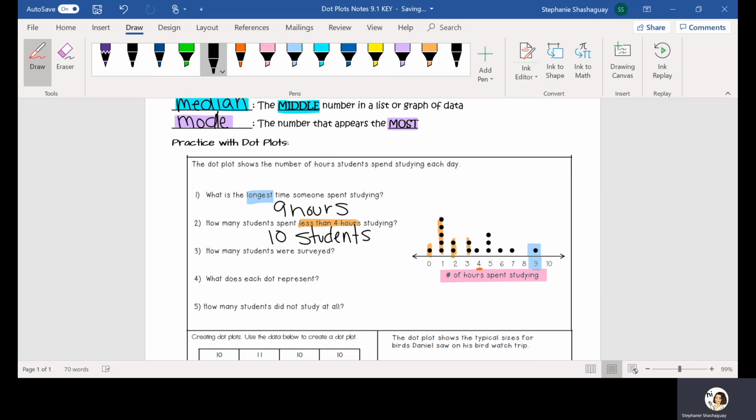Okay. How many students were surveyed total? Well, that's just the total number of students, so we just have to count the number of dots.